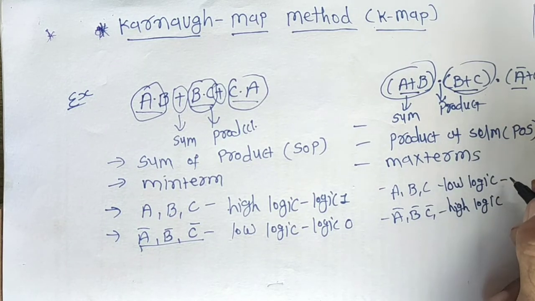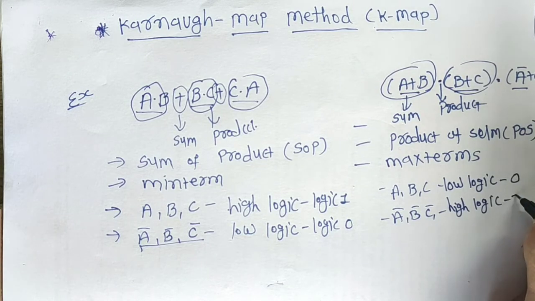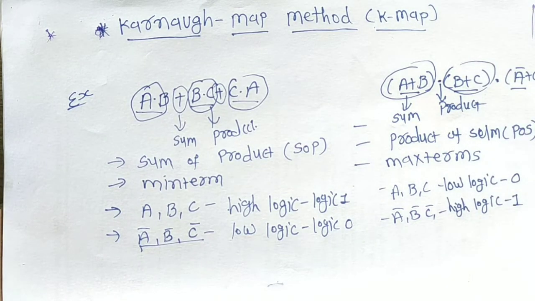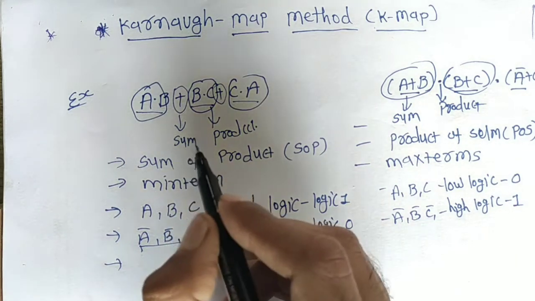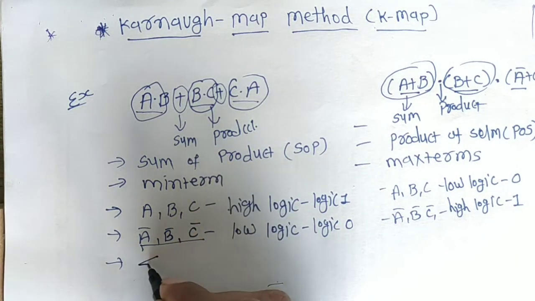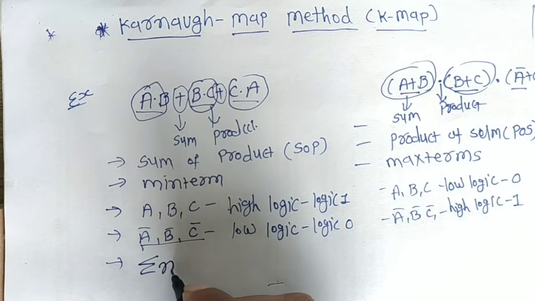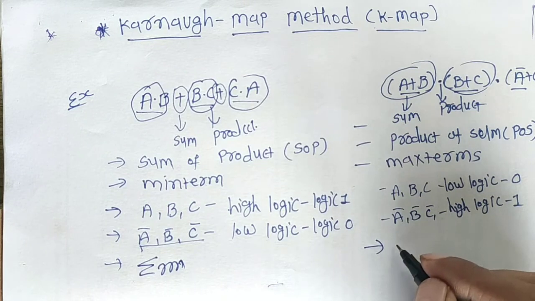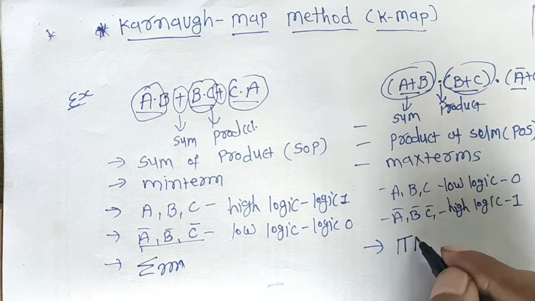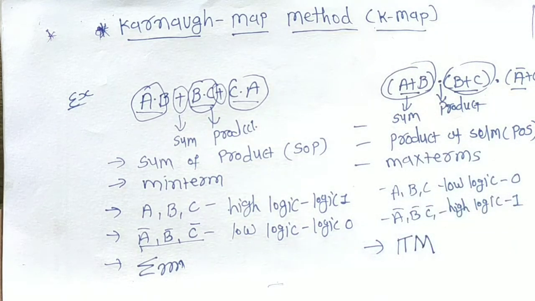Low logic is represented as logic 0, and high logic is represented as logic 1. Another difference between sum of product and product of sum: any mathematical function in SOP form is represented as sigma small m, while in the case of POS it is represented as pi capital M, right?